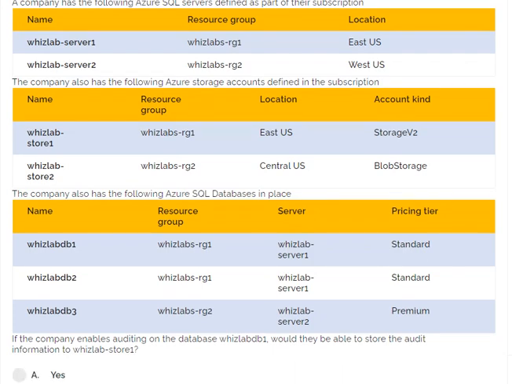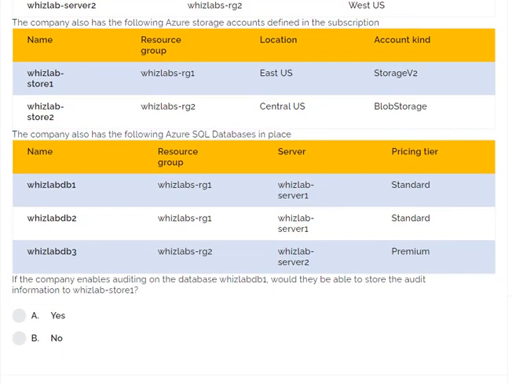Now what is the requirement? If the company enables auditing on the database db1, would they be able to store the audit information to store one? The question is about the db1 audit information being stored in store one.